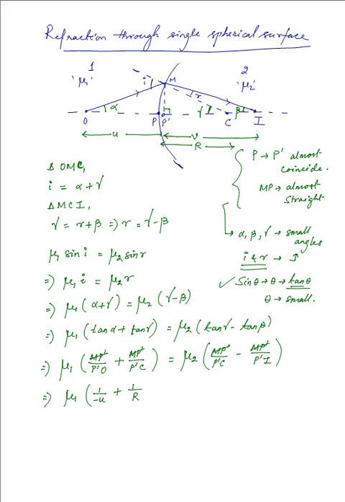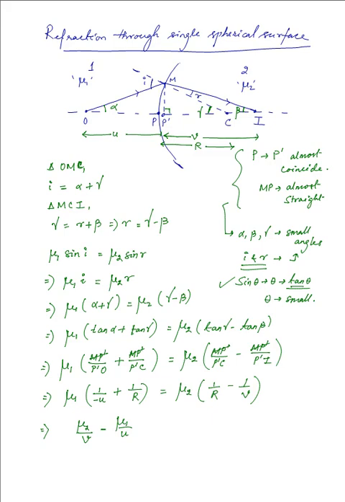So this is 1 over R, mu2 times 1 over R minus 1 over V, which is obviously positive, but the negative sign remains because of the equation over there. So now we can rearrange, and while rearranging, what we get is mu2 over V can come onto this side and become positive, mu2 over V, and mu1 over U remains.